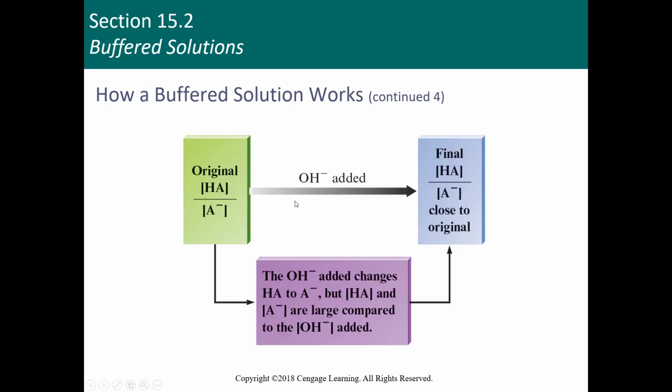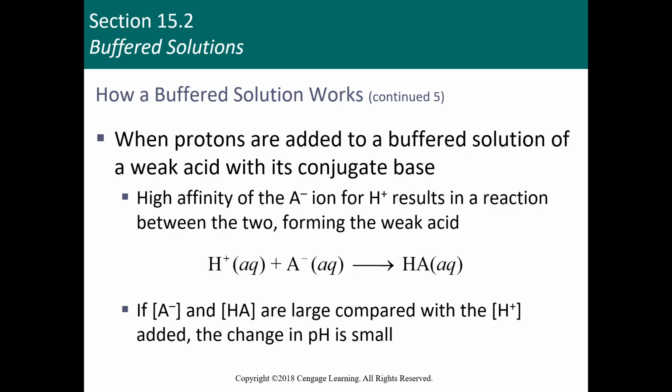Okay, and so here again, this is just a graphic saying the same thing I just told you in case you're more visual. So when protons are added to a buffer solution of a weak acid with its conjugate base, so we're looking at the other way, where we're adding protons instead of OH minus, your A minus in this case, which is your conjugate base, is going to take up those protons, being converted to the weak acid.